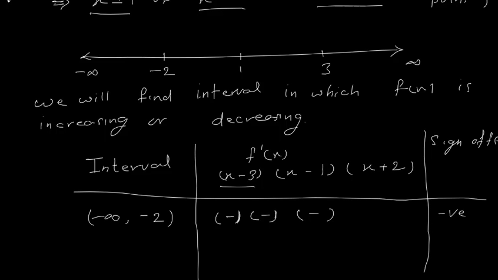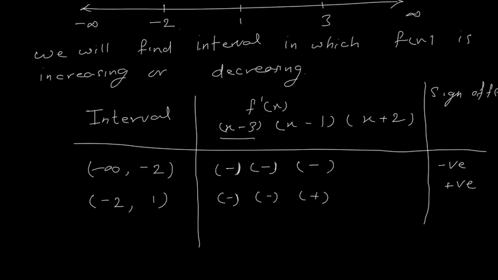The second interval is minus 2 to 1. If you draw the number line, it is easy to identify the intervals. In this interval let us take the value 0. Two terms are negative and one term is positive, so finally the sign is positive. Next interval is 1 to 3.